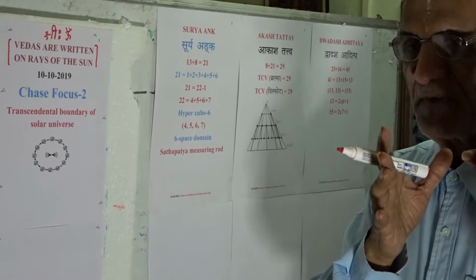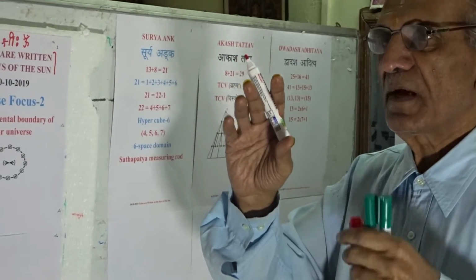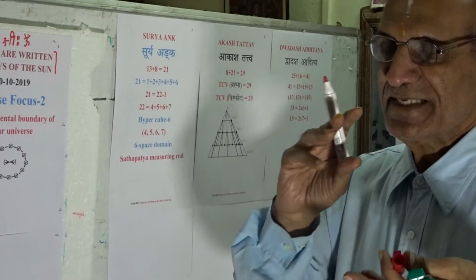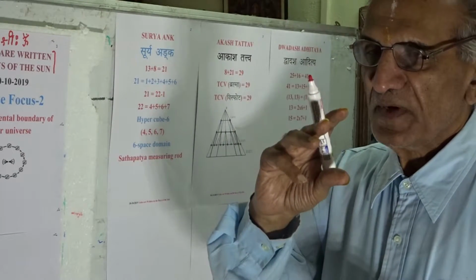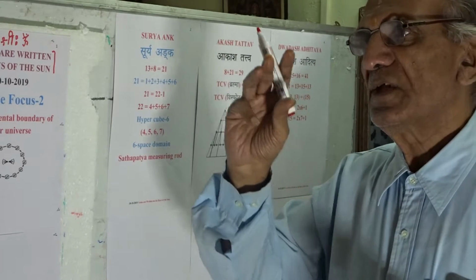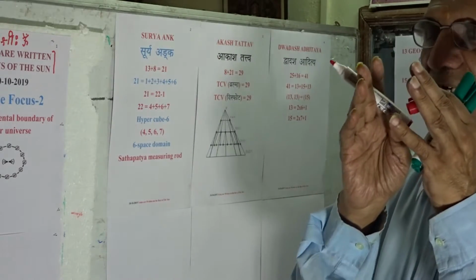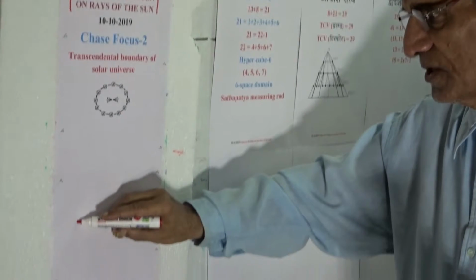This existence phenomenon is parallel to the existence phenomenon of our solar universe. This happening of existence phenomenon within the human frame and within the solar universe is lively within rays of the sun.